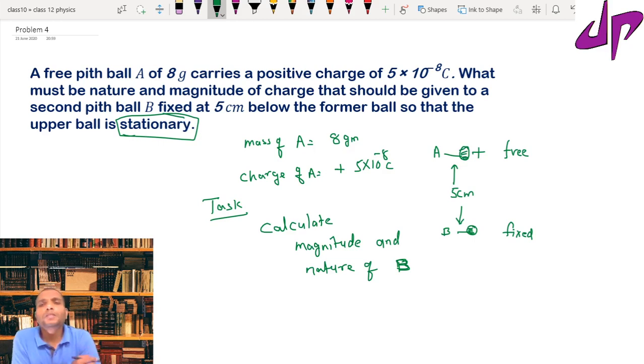If any object should be stationary, it means there should be two forces acting equally and opposite in direction. So to make ball A stationary, there should be a force acting in the upward direction and a force acting in the downward direction.